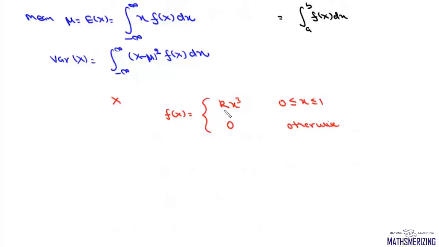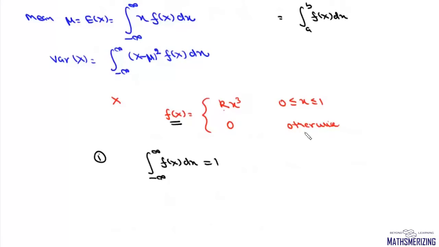Now the question is, find the value of k, the mean of the probability distribution and the variance of the probability distribution. First, if this is a probability distribution, then the integral from minus infinity to plus infinity of fx dx must be equal to 1.